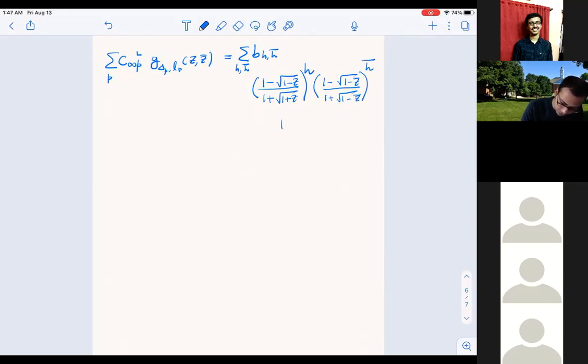This is valid for any Z and Z bar between 0 and 1. So this is an important expression for today.